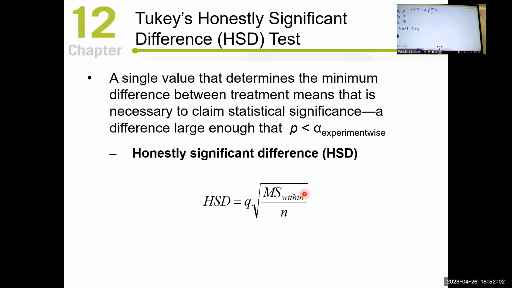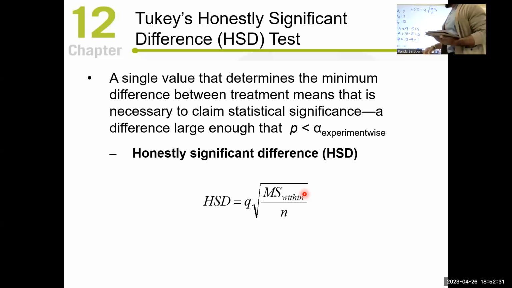C minus A gives me 10 minus 5, which is 5. And then C minus B is 10 minus 9, which is 1. So again, I have those differences.